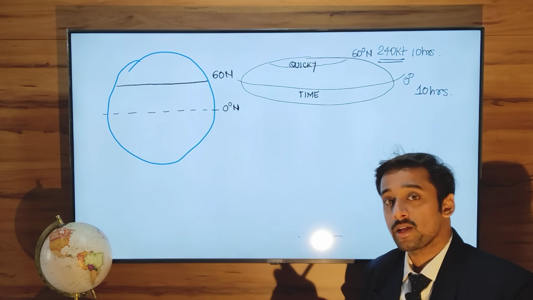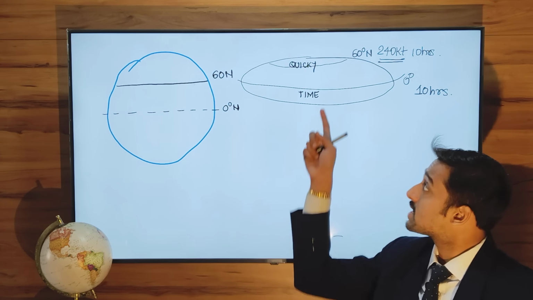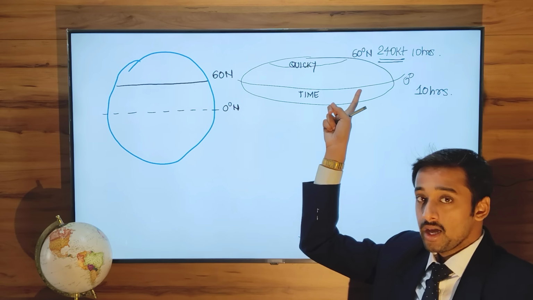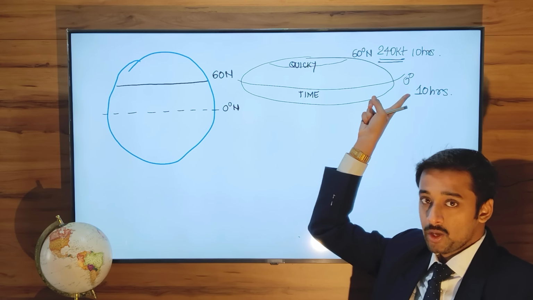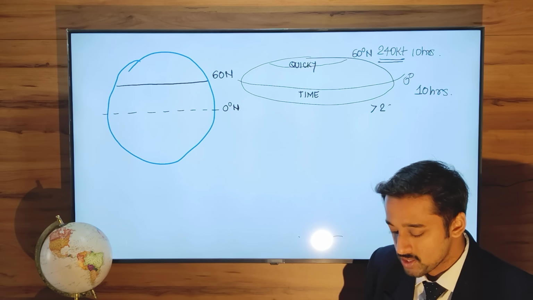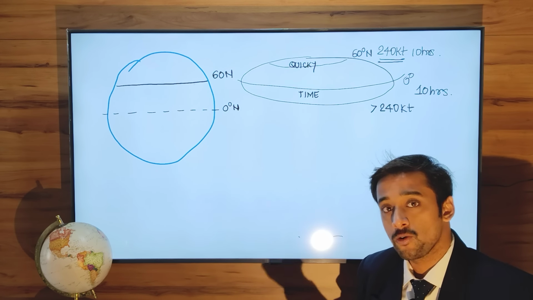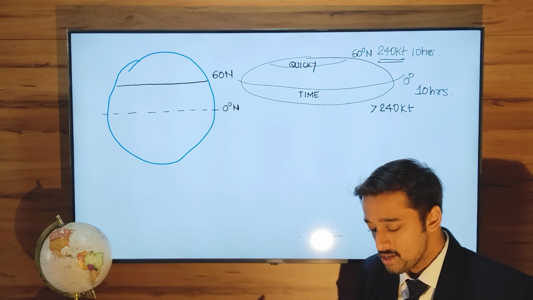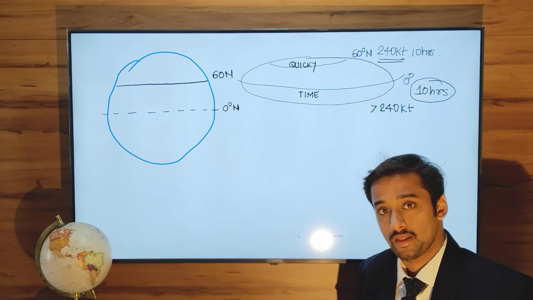So when you're flying at the equator, it will not be sufficient to fly at the same speed of 240 knots. You will have to increase your speed to more than 240 knots so that you complete your goal of a 360-degree turn at the equator in the same amount of time.